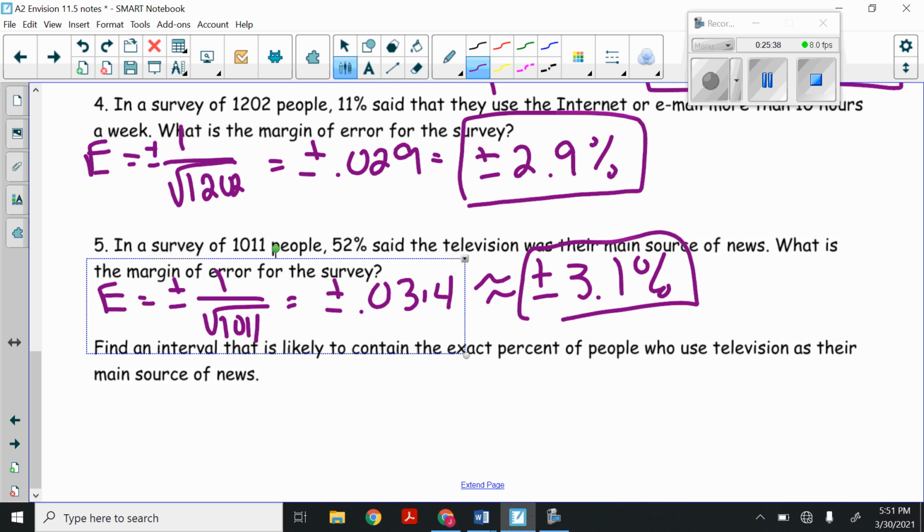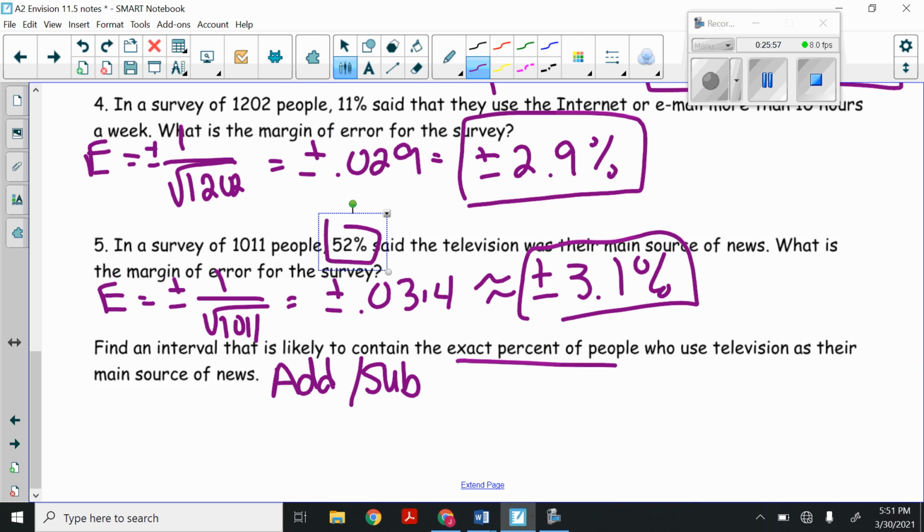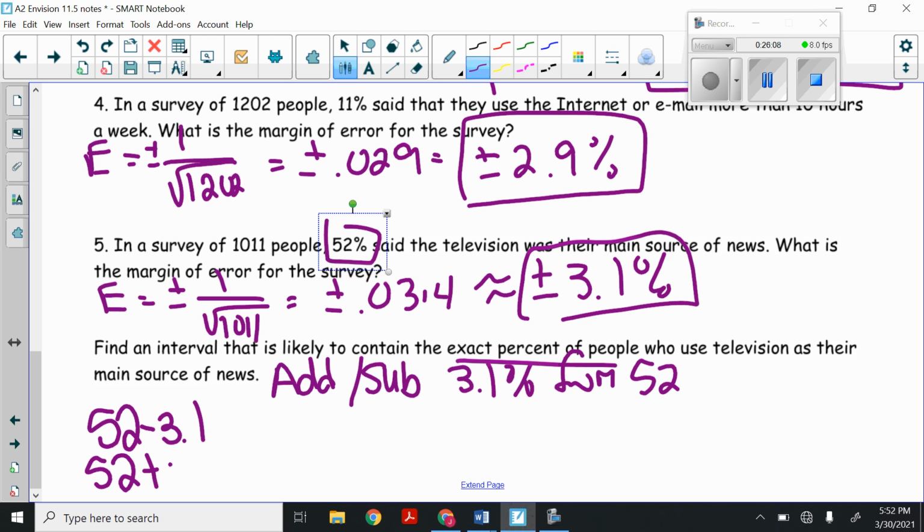The second part of that says find an interval that's likely to contain the exact percent of people who use television as their main source of news. They told me that 52% said that was their main source. So we want to add and subtract our 3.1% from their 52. So 52 minus 3.1, 52 plus 3.1.